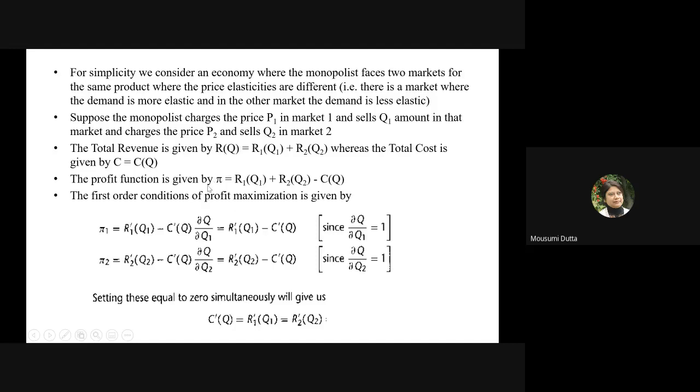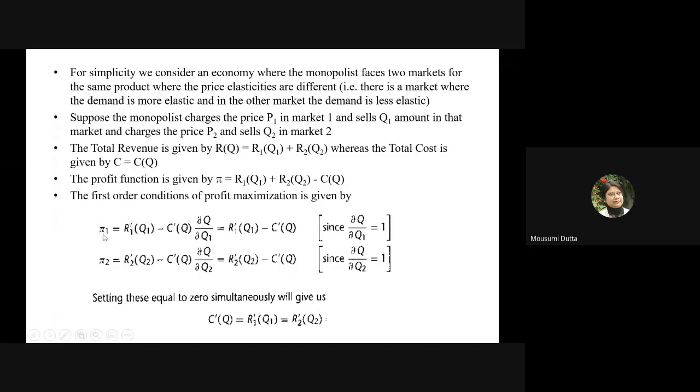Now we are setting the first order conditions as del pi by del Q1, with respect to selling of Q1 and selling of Q2. I'll maximize my profit. So del pi by del Q1 is equal to 0, which I am writing as pi 1 partial derivative.